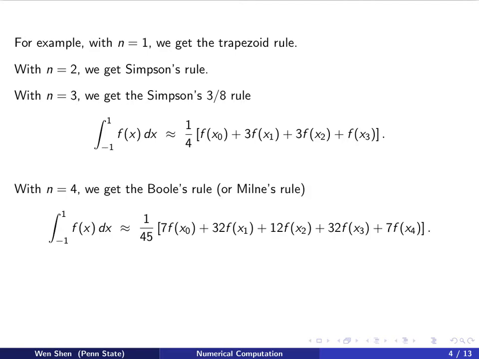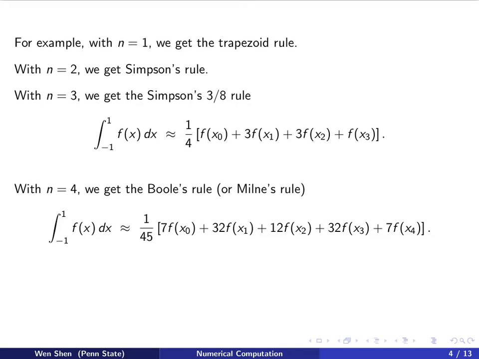Giving one more example, for n equals 4 one gets 5 points, and the resulting integration rule is known as the Boole's rule or Milne's rule, and the coefficients are given here. They are nothing but the result of integrating the cardinal functions.